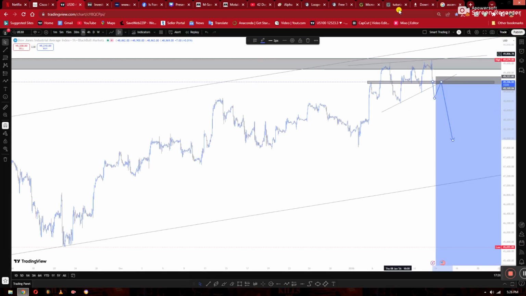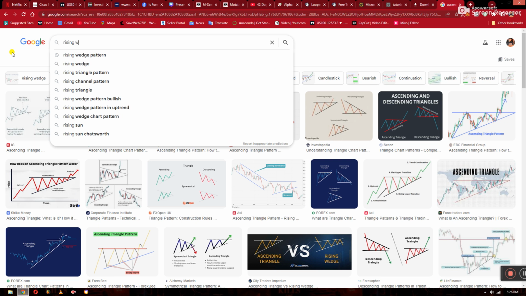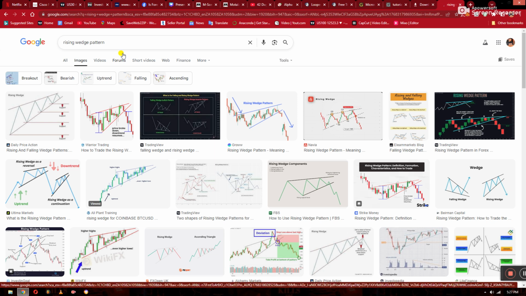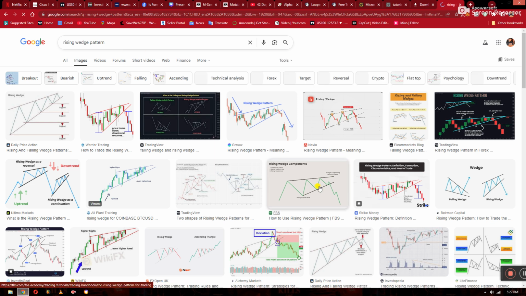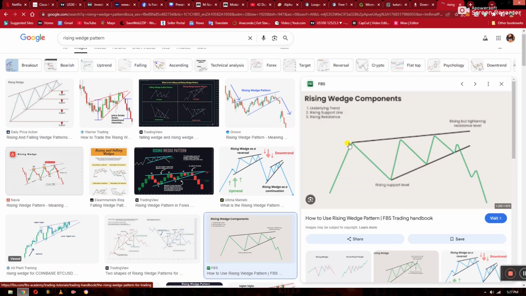Yeah, it's more like a rising wedge. Let me be right. Yeah, I'm right. Here it is, right? Here it is. Rising wedge.